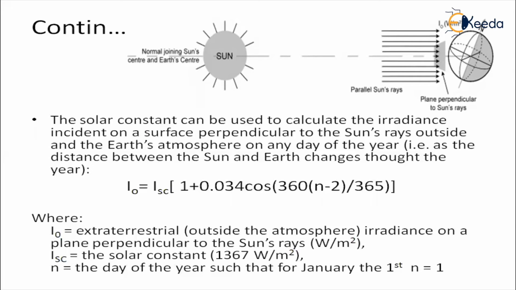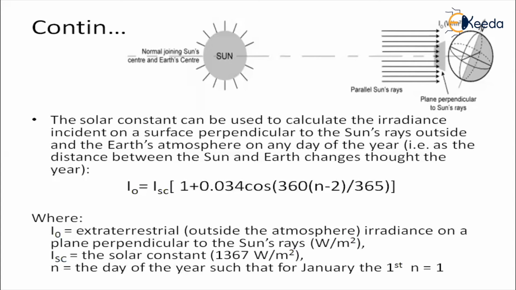So I0 is equal to ISC, where ISC is the solar constant. At present the solar constant is 1367 watt per meter square. So, I0 = ISC (1 + 0.034 cos(360 (n - 2) / 365)), and that is the equation.